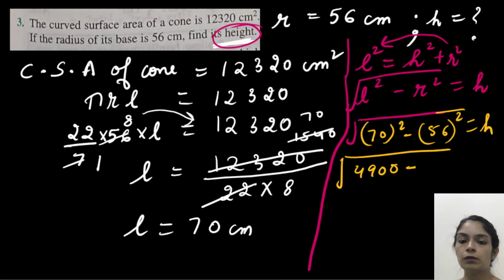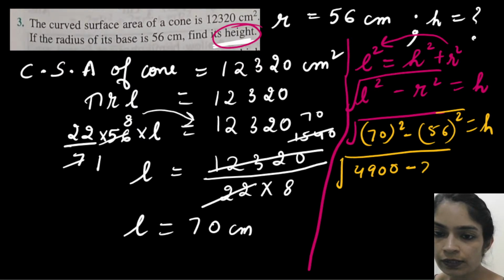What is the value of 56 square? 4,900 is the value of 70 square. What is the value of 56 square? 3136. Just do its subtraction.